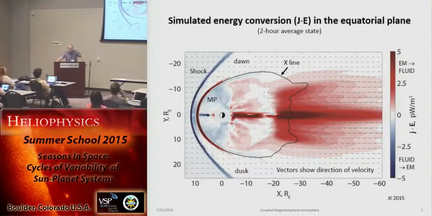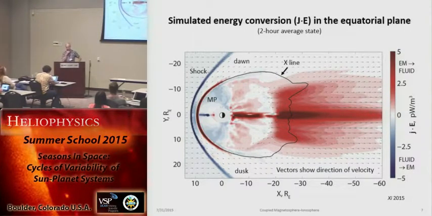Now, I said that the shock was the mother of all dynamos. I show here a picture developed from a simulation. I will talk more about simulations after the break. So this is from a global simulation of geospace, and let's not worry too much about what goes into the simulation at this point, but just look at what's painted here in color.